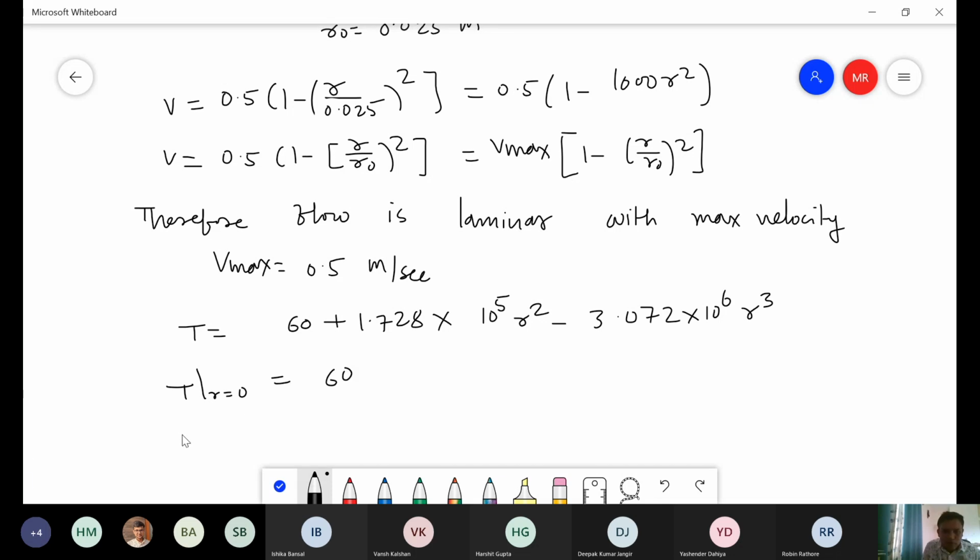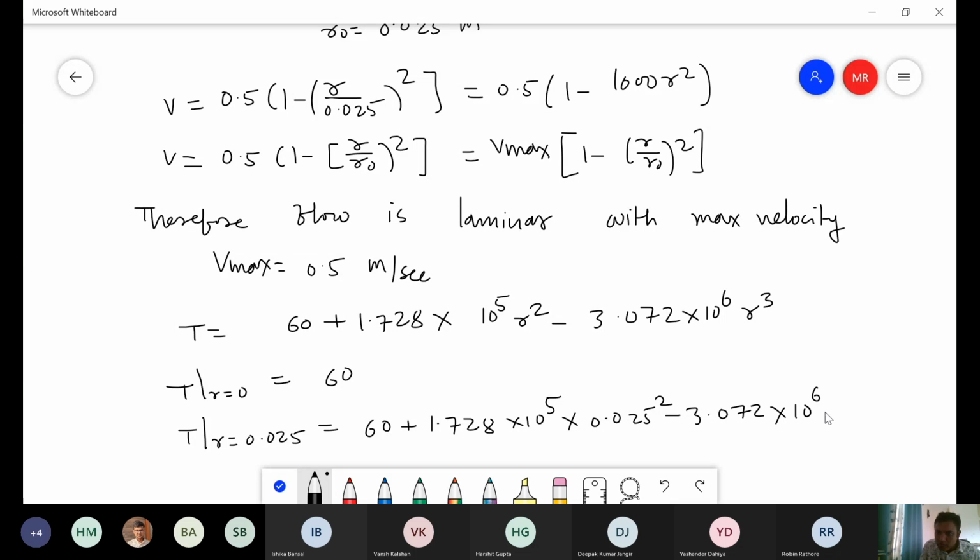Similarly, we can find T at r equals 0.025. That comes out to be 60 plus 1.728 times 10 raised to power 5 times 0.025 squared minus 3.072 times 10 raised to power 6 times 0.025 cubed.